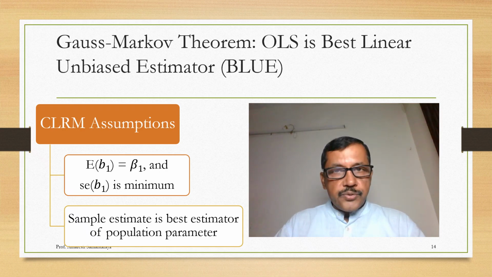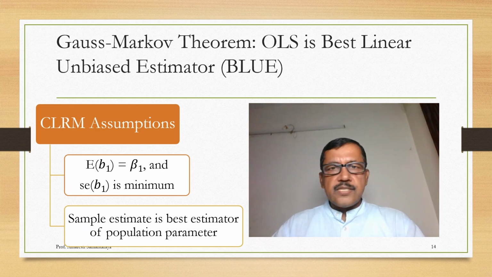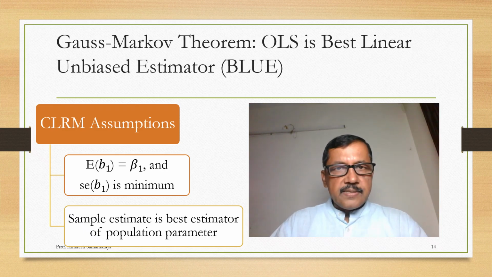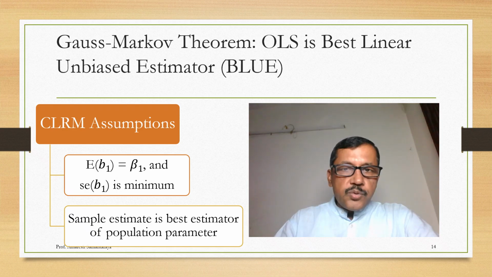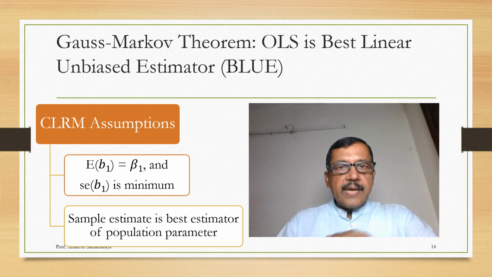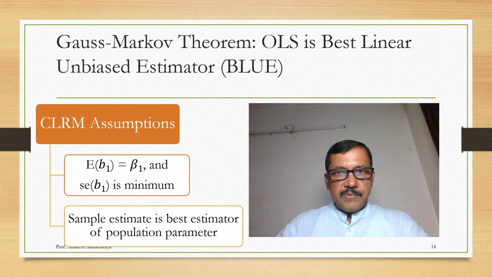If I assume this probability distribution is a standard distribution like a normal distribution, any stochastic or random distribution, then it will have a mean, it will have a variance. And if we are using OLS and classical linear regression model assumptions are satisfied, then the mean of these OLS sample estimates will be the population parameter.